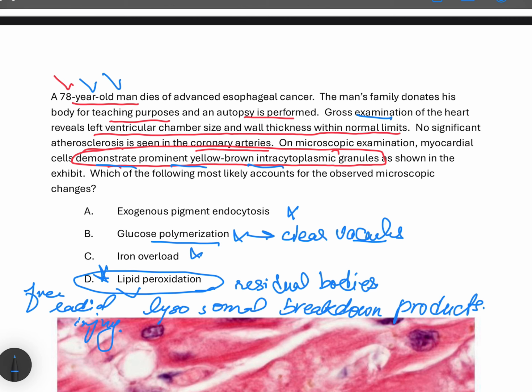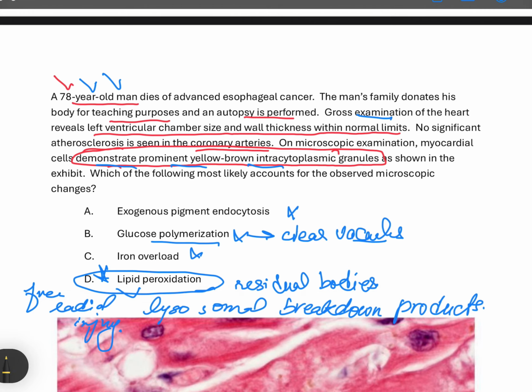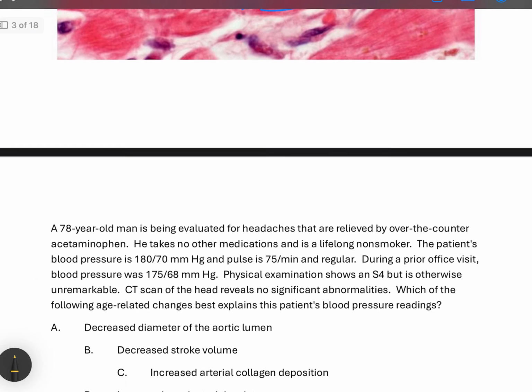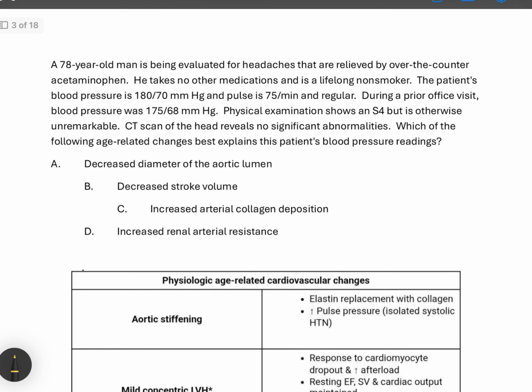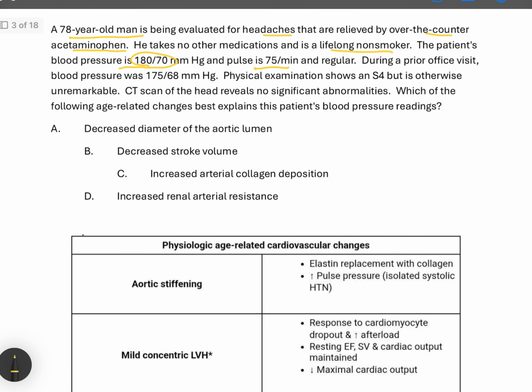Okay. Now we have to move to our next question. A 78-year-old man is being evaluated for headaches that are relieved by over-the-counter acetaminophen. He takes no other medication and is a lifelong non-smoker. The patient's blood pressure is 180/70 and the pulse is 75 per minute and regular.